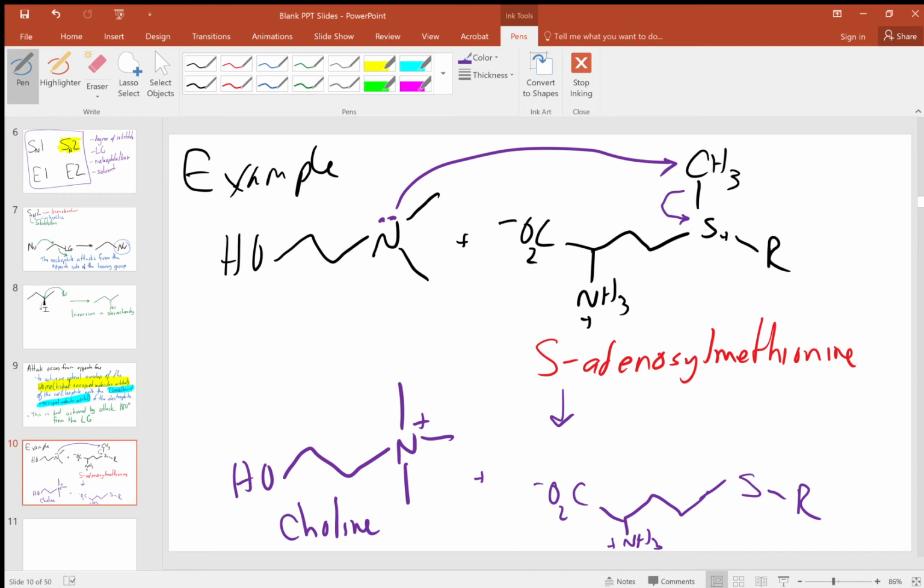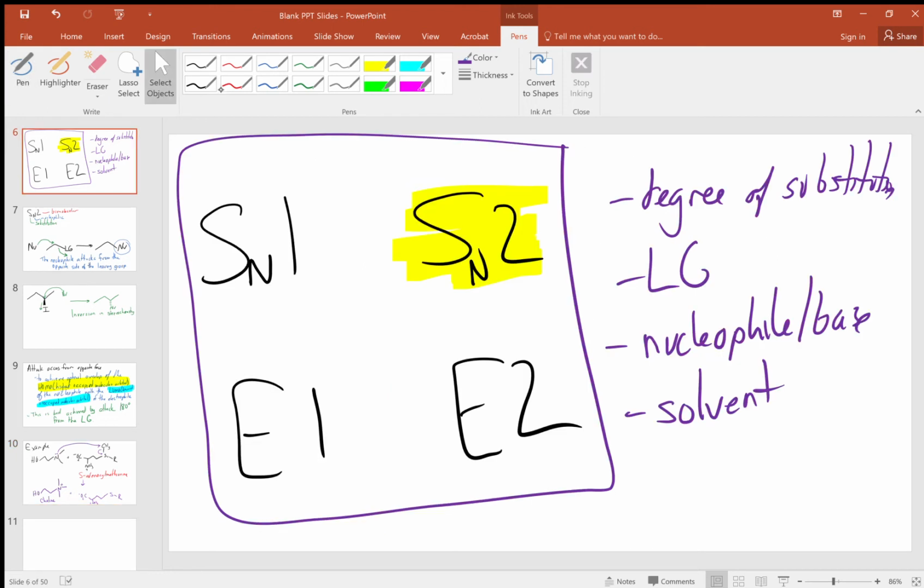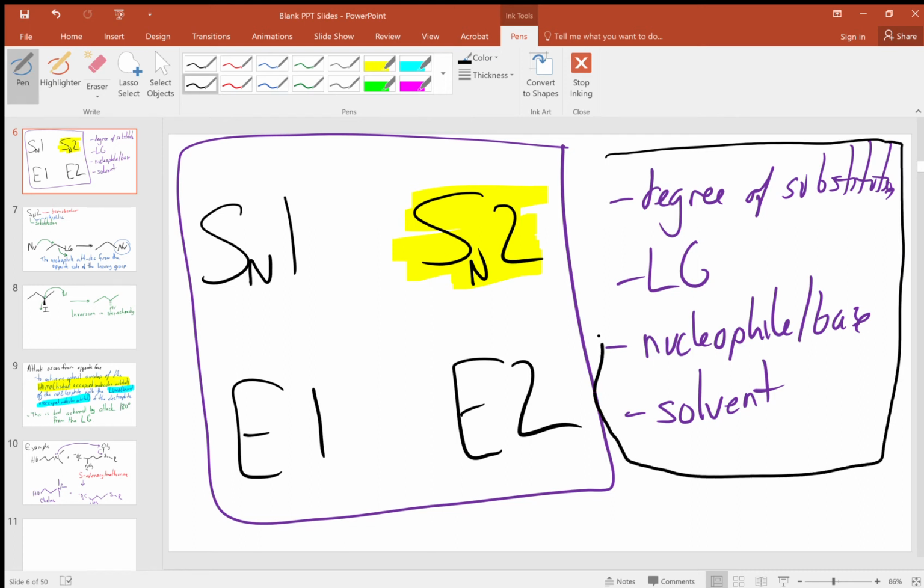But you recall now we want to get more into the SN2 because previously we said there were these 4 factors that affect how an SN2 or if an SN2 reaction takes place. And so that's what we want to get into now.